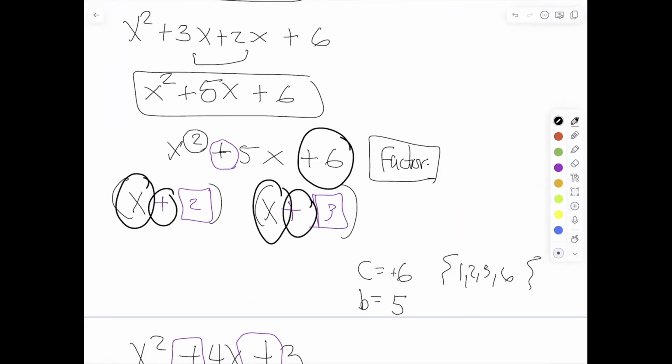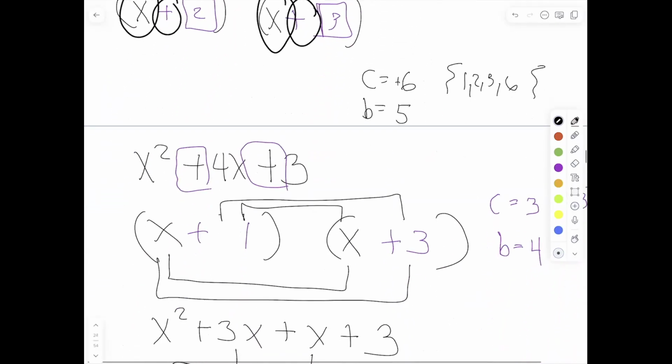Don't mix and match them. Like you can't say, oh, positive 2 and positive 3 will give me 6. And then positive 2 but negative 3 will give me negative 1. Some crazy answer like that. No, they have to have the same sign, same number. So in this case, they're both positive 2 and positive 3. 2 and 3 is 5, and 2 times 3 is 6, and they're both positive. Right? Then we did another example here.